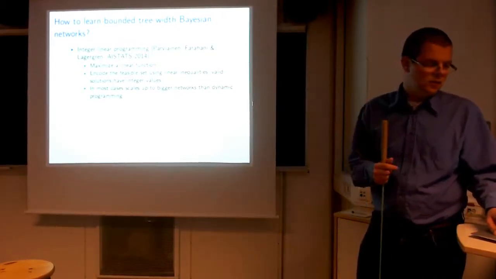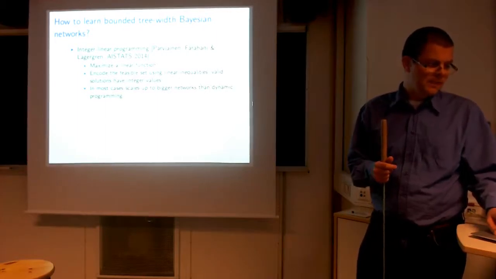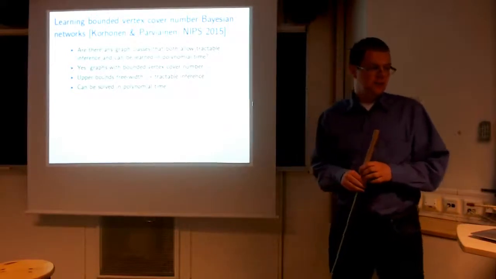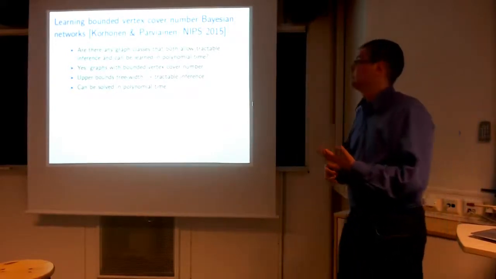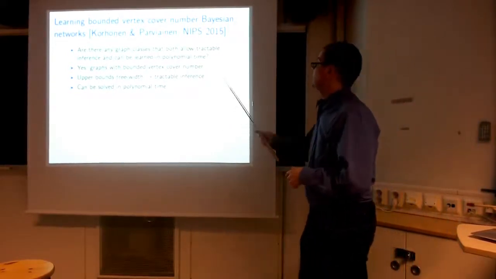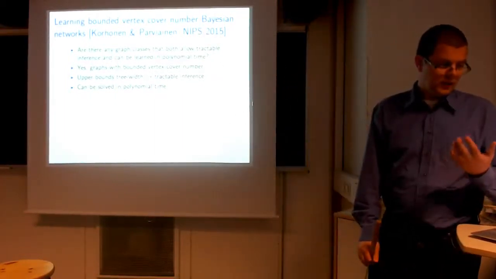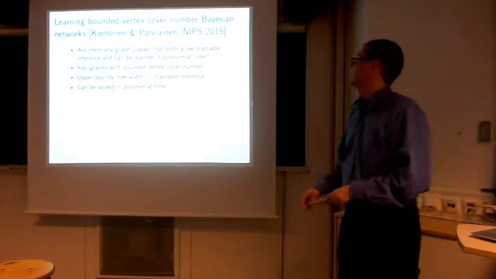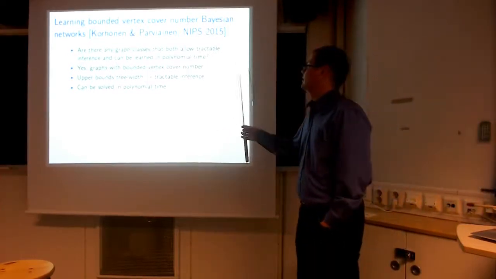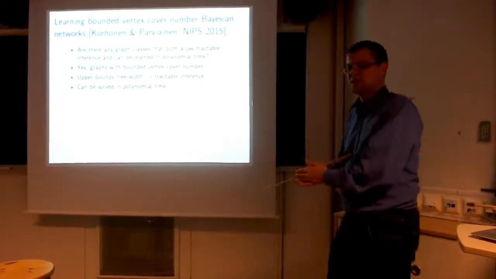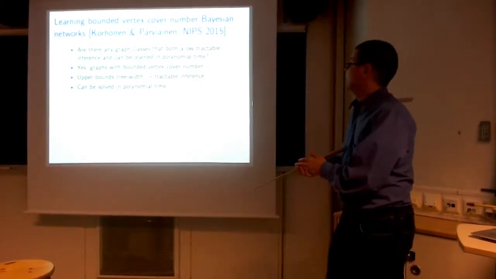But let's now move to another type of graph parameter, bounded vertex cover number Bayesian networks. After we had studied the bounded tree width Bayesian networks, we had this theoretical question: in that case we had tractable inference but NP hard learning.